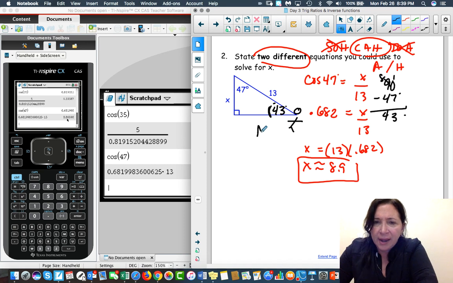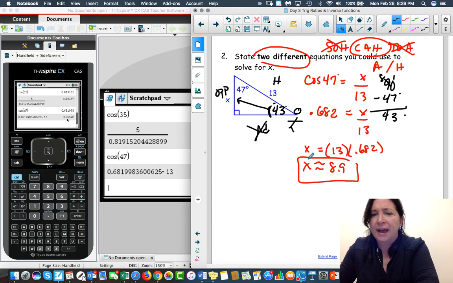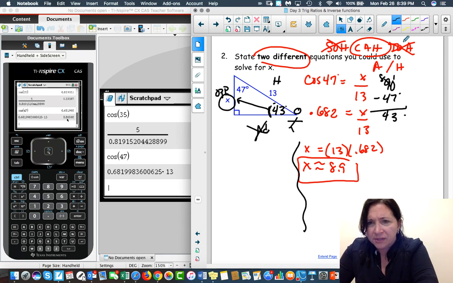Well, I don't have the adjacent side, so I'm not going to use anything with the adjacent side, and I don't want to find it. I'm trying to find the opposite side. I have the hypotenuse. You can only have one unknown. Our unknown is what we're trying to find, which is the opposite side. So which one of these is going to use the opposite side? Is it going to be sine, cosine, or tangent?